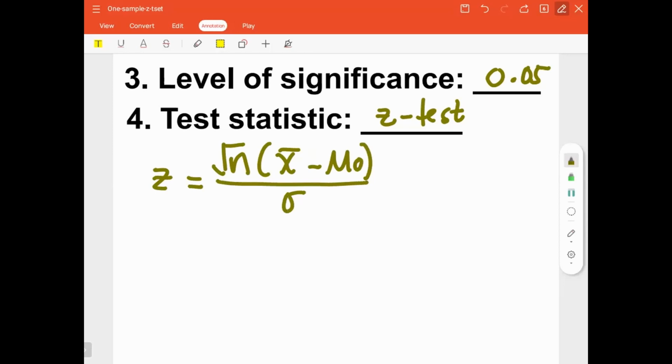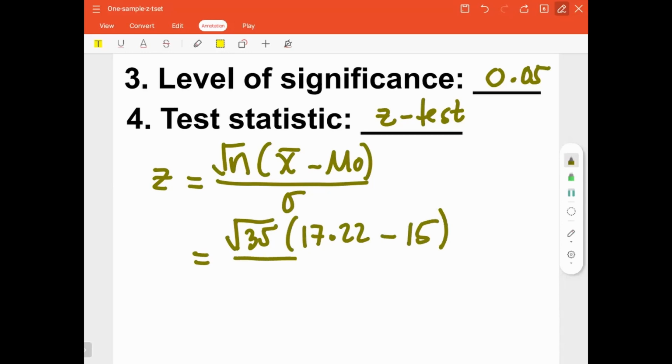So, substitute lang natin, guys, ng mga values dito, okay? And we'll be solving for z. Of course, this will be equal to square root of 35 times that sample mean, which is 17.22, minus the test value, or the hypothesized mean, which is 15, all over the population standard deviation, which is 3.5.